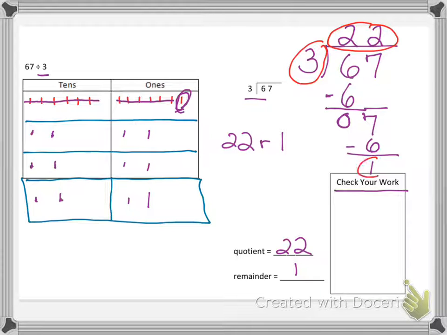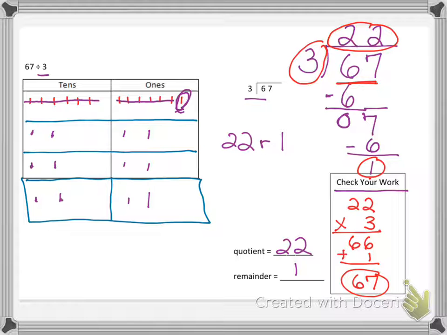And we can't forget our remainder. So we do 22 times 3. We get 6 ones and 6 tens. But look, it's not the same because we need to add our remainder and we get 67. So we did this correct. We got a match. Check.